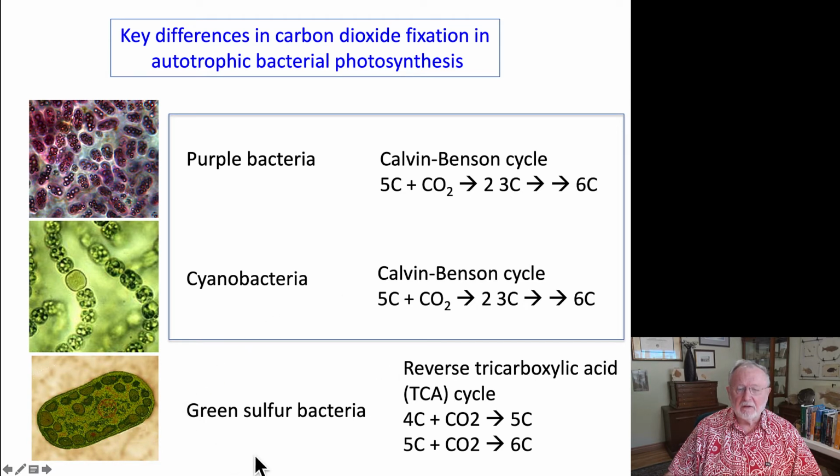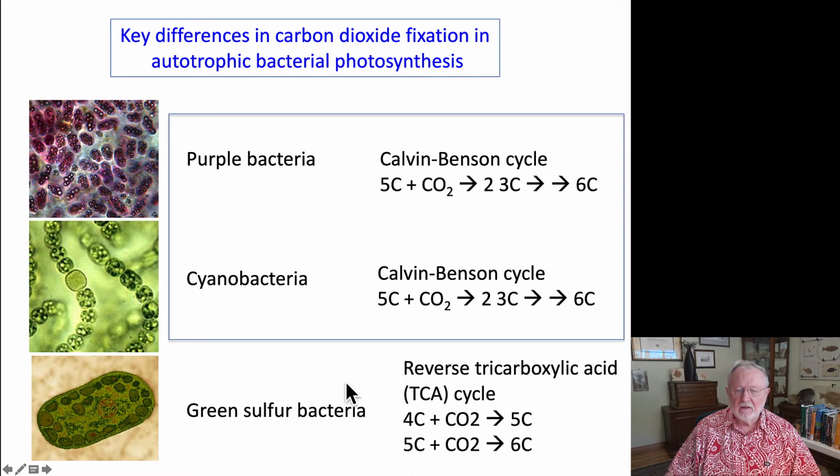It turns out that green sulfur bacteria have a different pathway, the reverse TCA cycle, reverse tricarboxylic acid cycle, basically running the anaerobic respiration backwards. Here, a 4-carbon molecule combines with CO2 to form a 5, and the 5 and the 1 are then combined to form a 6.